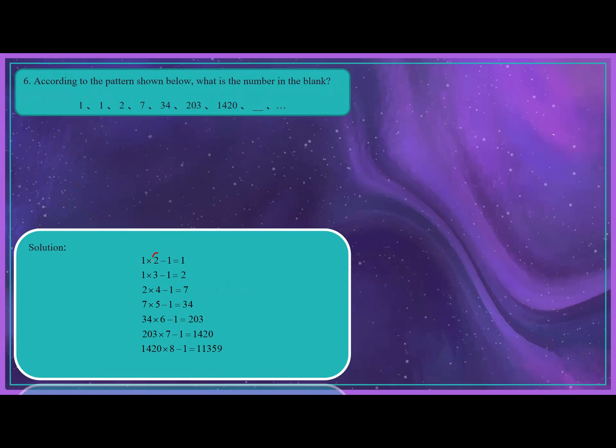You multiply by these terms and subtract everything by 1. This is your first term, second, third, fourth, fifth, sixth, and seventh. So the answer would be 11,359.